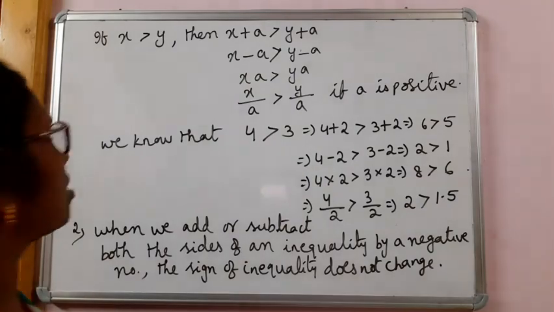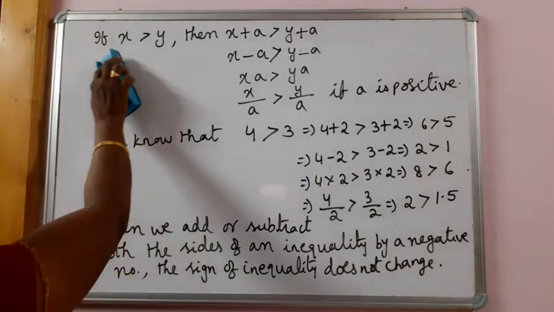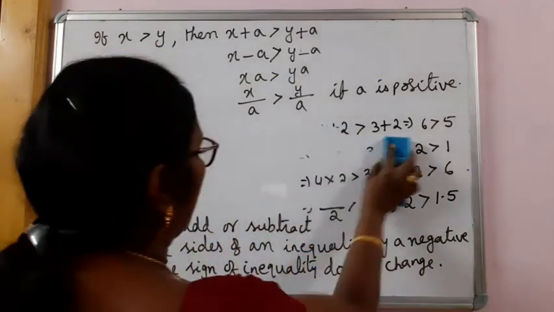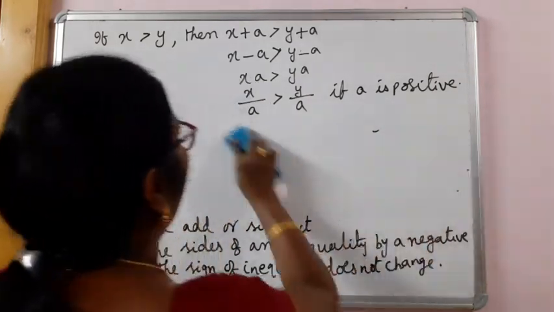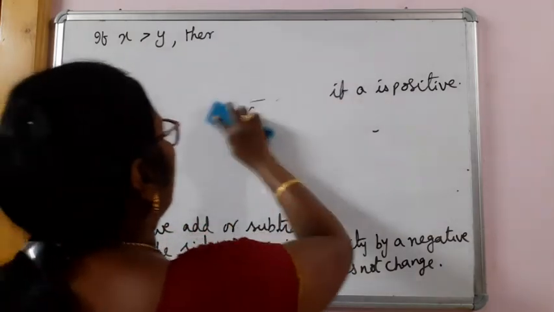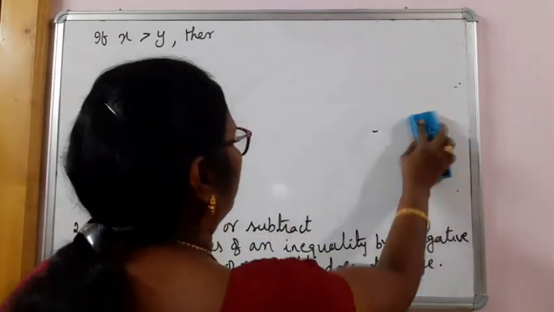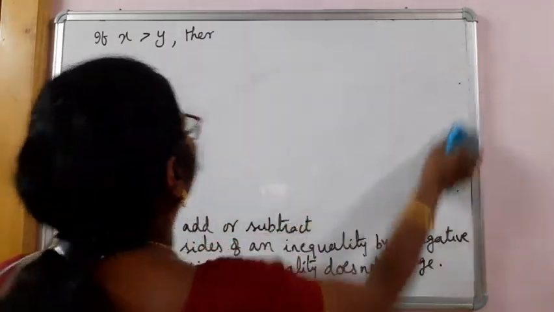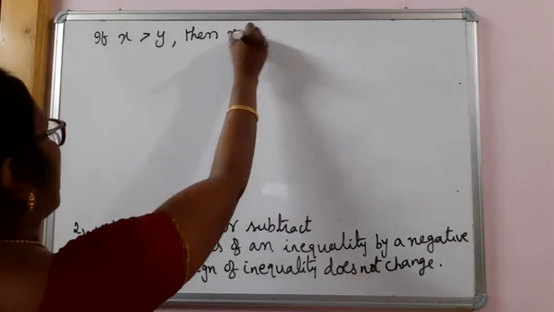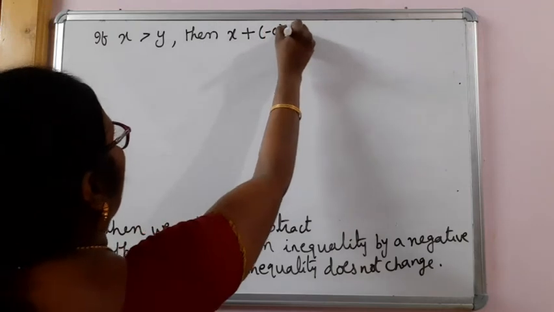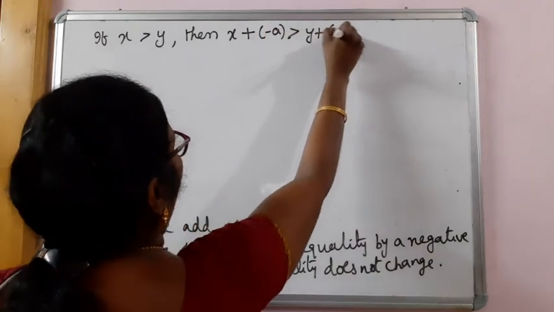Same way like this. And for this, if x is greater than y and if a is negative, what happens? Let me see. Then also it won't change. If x is greater than y, then x plus minus a is greater than y plus minus a.